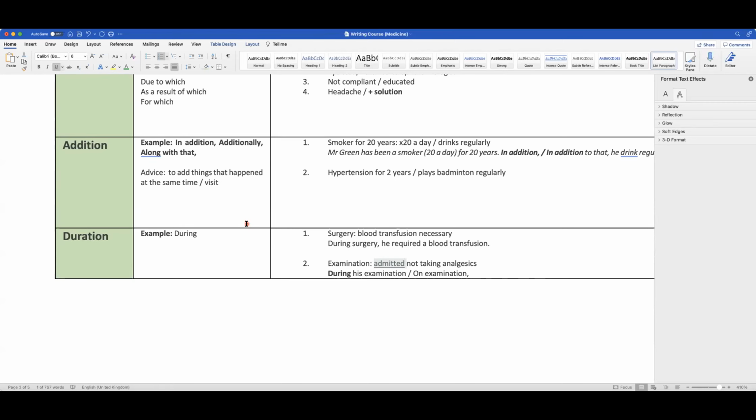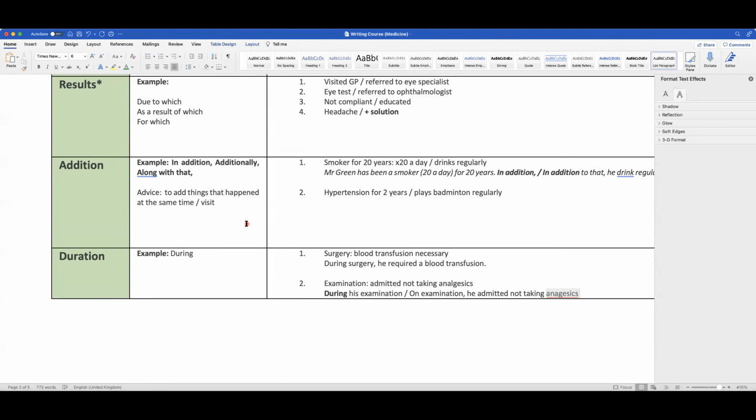He admitted, speaking. So we just say he admitted. He admitted not taking analgesics. But you could also say he admitted that he is not taking. Can we say he admitted for not taking analgesia? No, you can't say he admitted for.